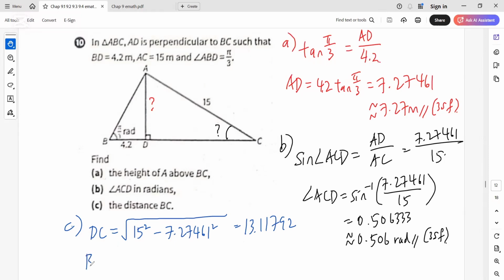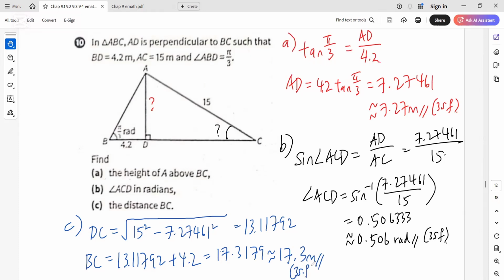So BC, we just got to add 4.2. So 13.11792 plus 4.2 will give us 17.3179, round off 17.3 meter, 3 SF. So this is it for question 10.